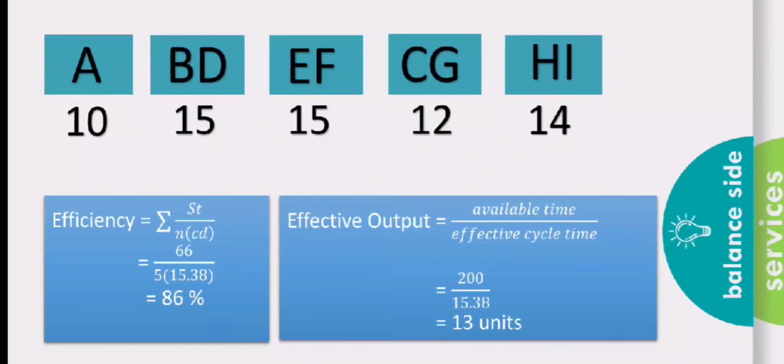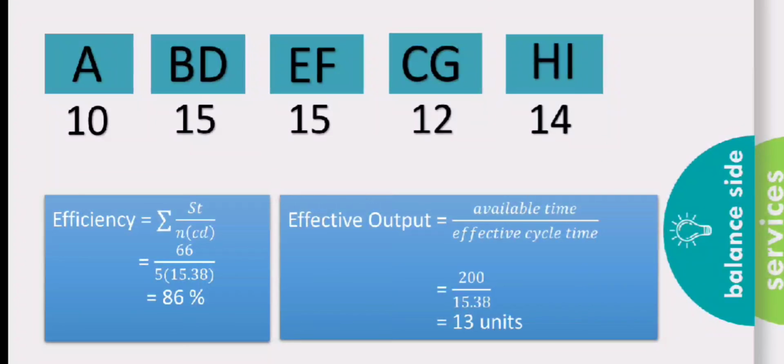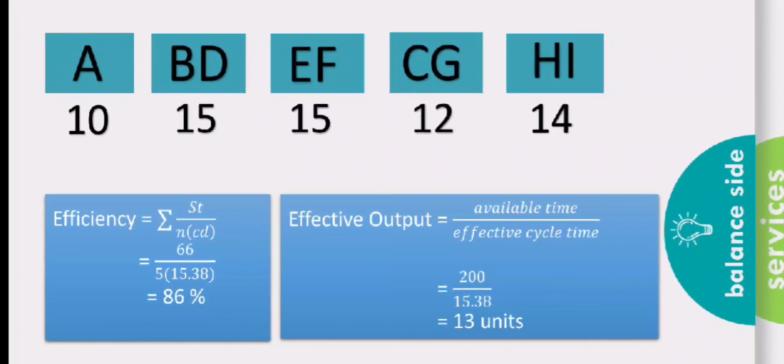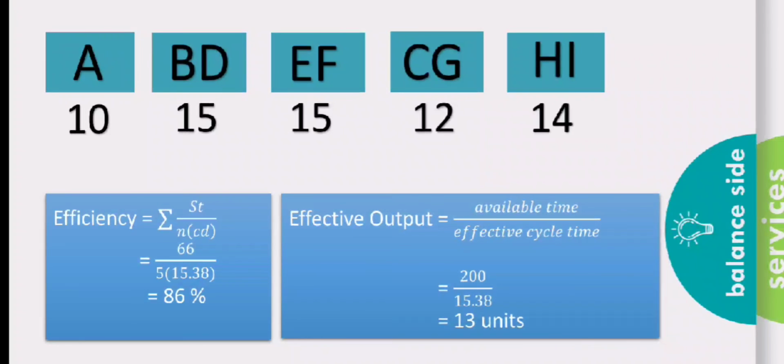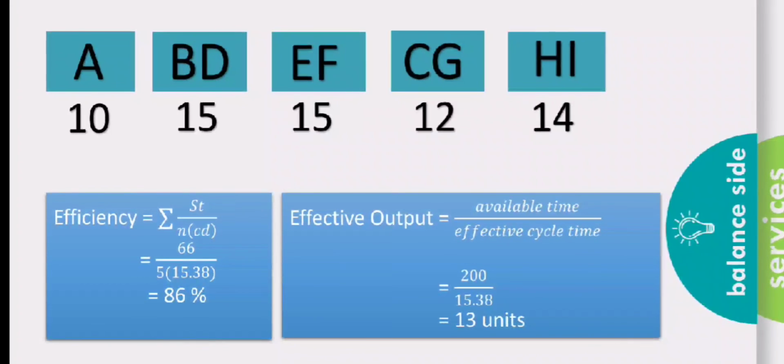To calculate the new efficiency, we can change the value of n from the formula, which is 5, and 5 is the number of workstations. Input all the value into the formula. 66 divided by 5 times cycle time, which is 15.38, is equals to 86%, which has a big difference compared to our last answer, which is the 47.7%.